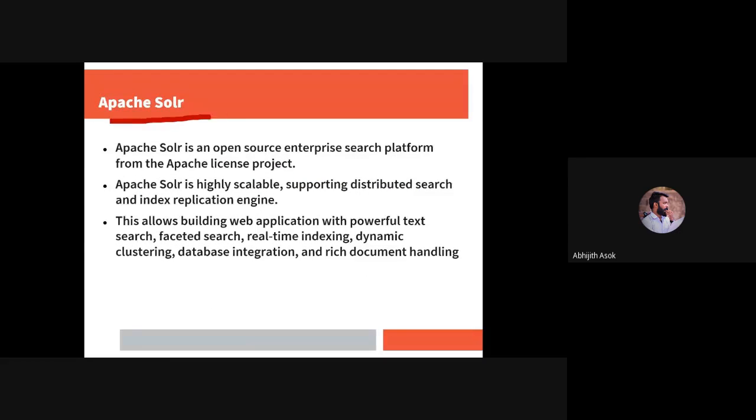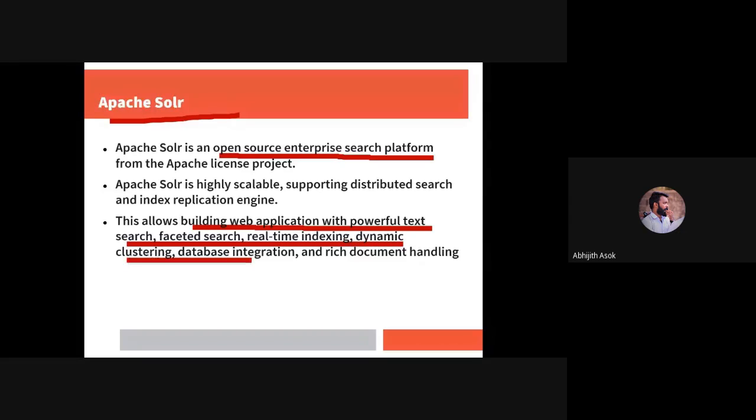Apache Solr. It is an open source enterprise search platform from the Apache Lucene project. This allows building web applications with powerful text search, faceted search, real-time indexing, dynamic clustering, database integration, and rich documentation.